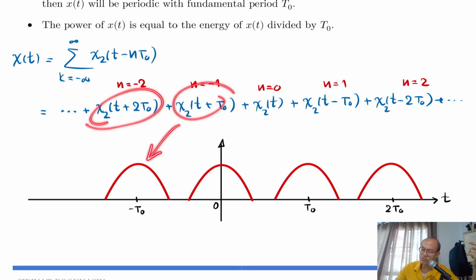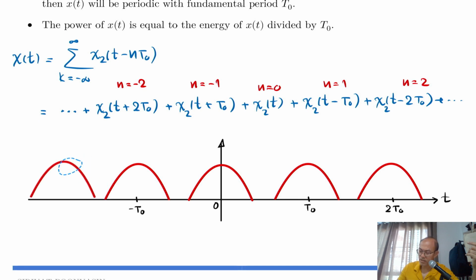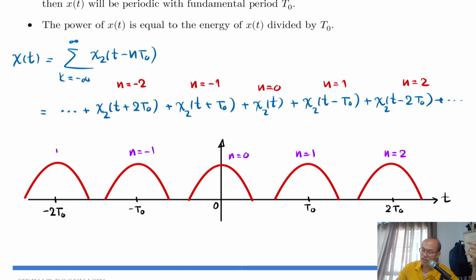And this one is 2 hops to the left. So we have this. Here. So this is minus 2t0. Okay, this is when n equal to 2, n equal to 1, n equal to 0, n equal to minus 1, n equal to minus 2, and so on.